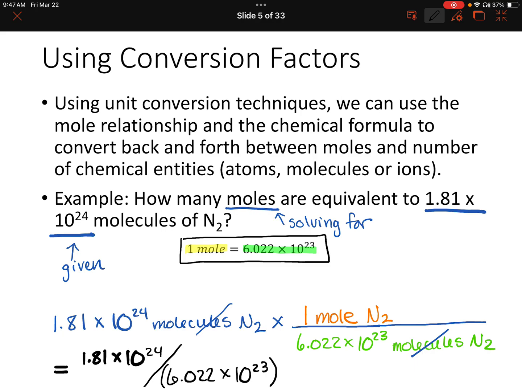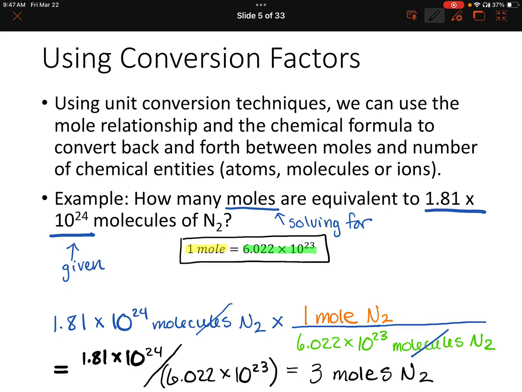Okay, so if we plug this into our calculator, I'm going to do this off to the side as well. 1.81 times 10 to the 24th divided by Avogadro's number gives us 3. And remember, our unit is moles of nitrogen.